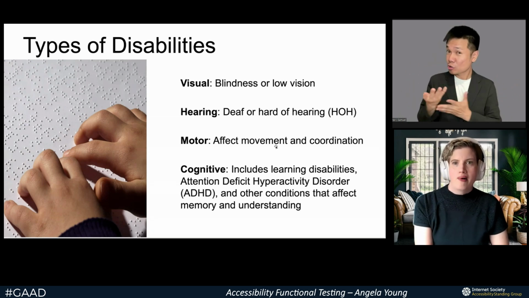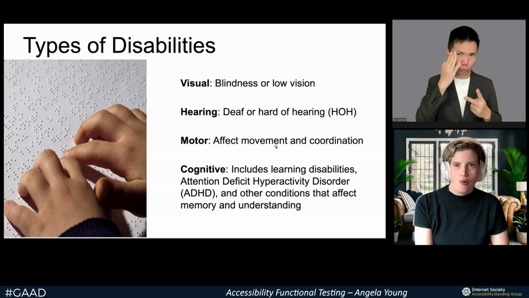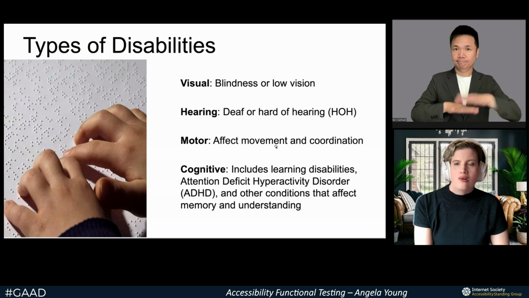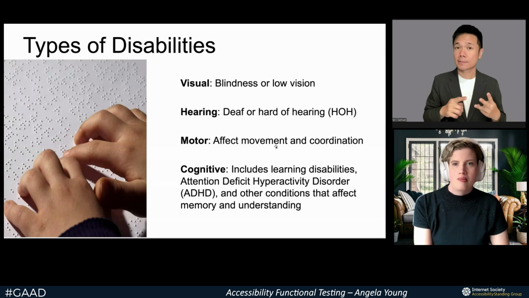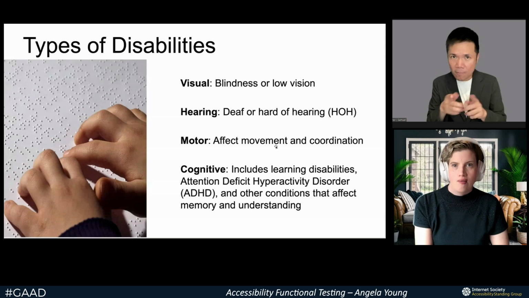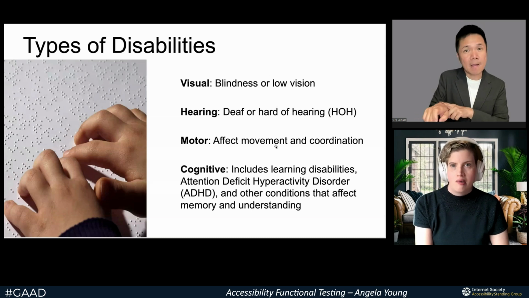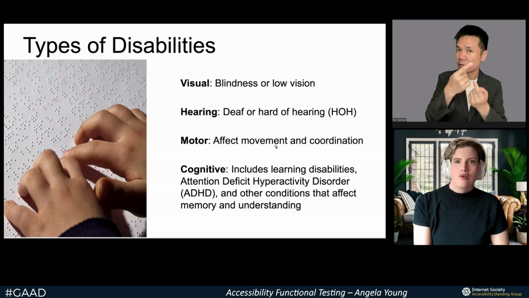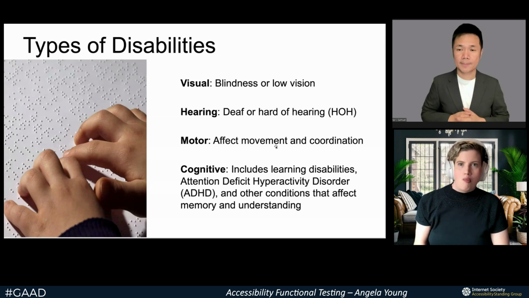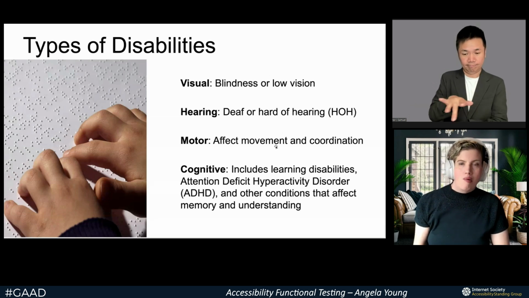For people with motor disabilities, this affects movement and coordination. For example, how are you allowing people to engage with your website and the different ways they would need to move around the site and all of the subsequent pages that you may have? If someone uses a mouse or a trackpad to move around a site, someone who has a motor disability might not be able to do that.